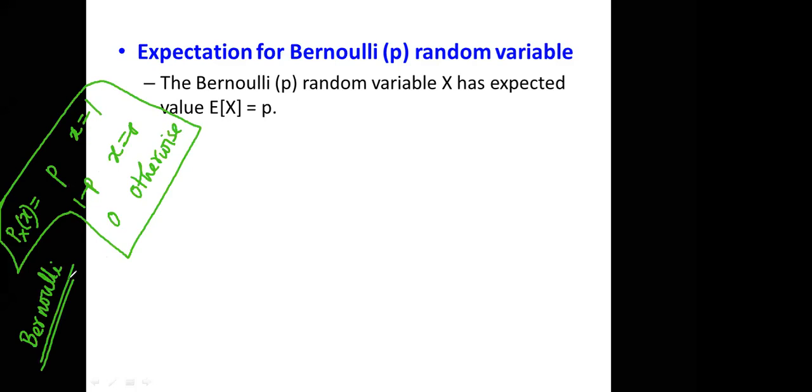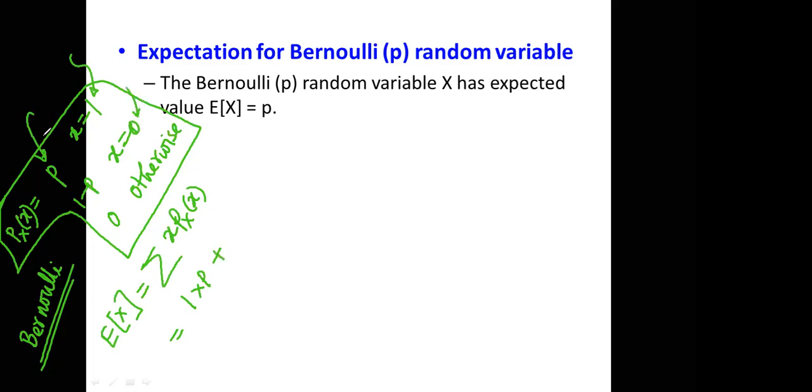Now we know that to find the expected value, what we need is the summation of xp(x), isn't it? Now what is the value of x? Look at that value of 1 when the probability is p. So 1 into p plus when the value is 0, then the probability is 1 minus p, so 0 into 1 minus p.